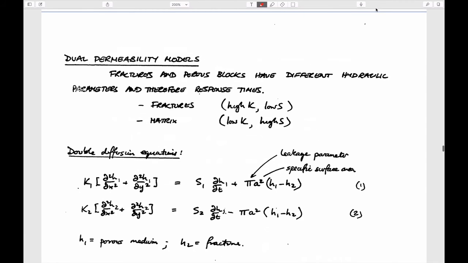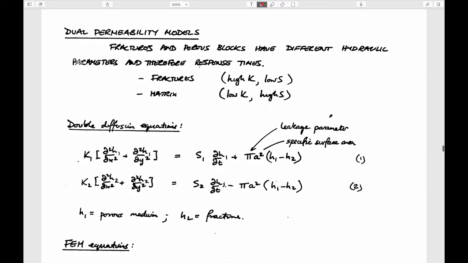It's pretty straightforward. This is the expression we have here. We've made the case that fractures have high permeability and low storage, and the matrix has high storage and low hydraulic conductivity. This would be the expression we have for 2 dimensions from this left-hand side. I think in this case we're using the porous, so this is the porous medium here.